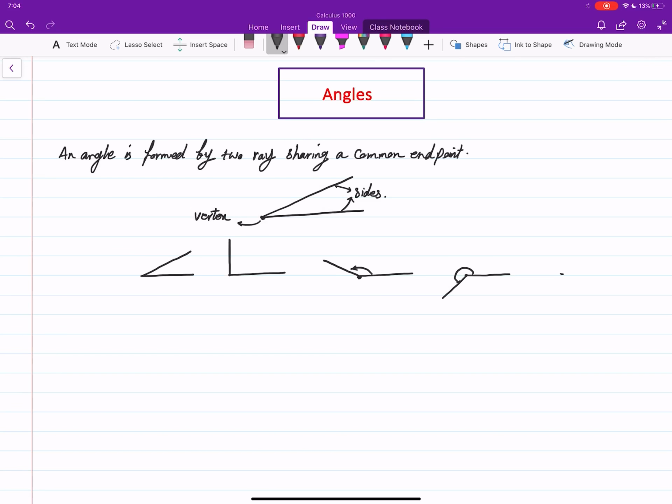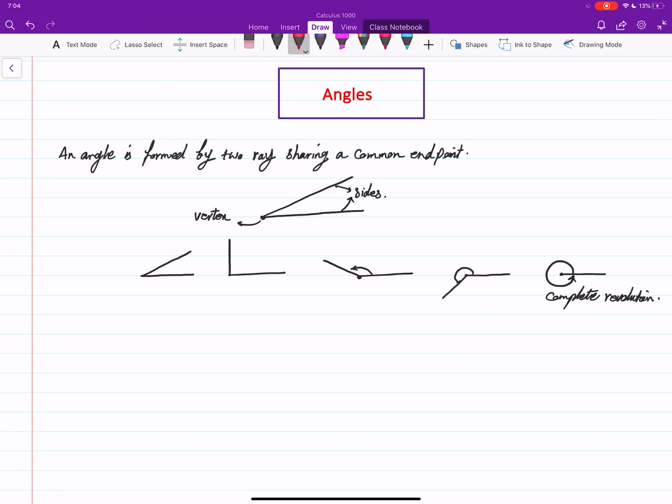An interesting one is that the two rays are on the same line. So basically what we call this thing a complete revolution. So start from a line and then turn back to the same ray.